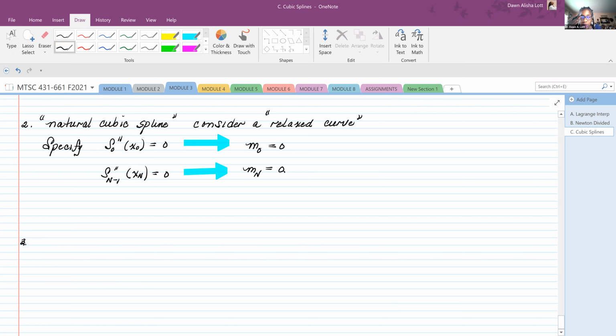The last thing we can do is extrapolate S double prime of X to the endpoints.